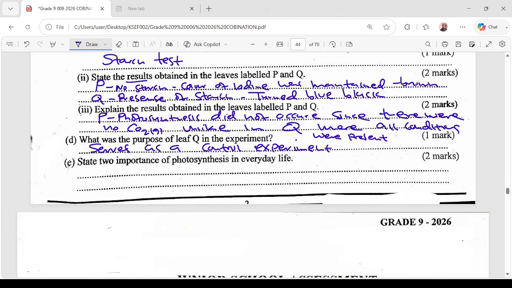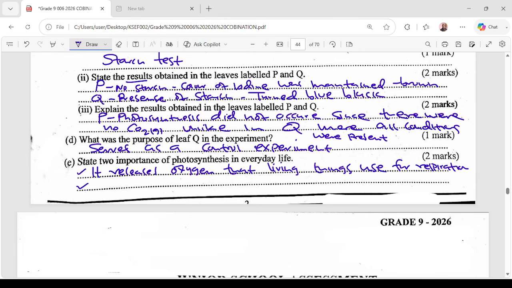State two importance of photosynthesis in everyday life. It's an application. It releases oxygen that living things use for respiration.